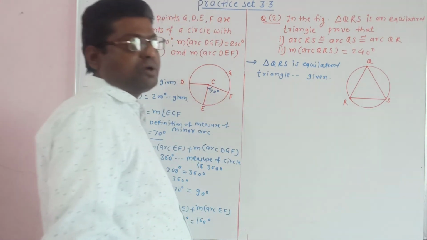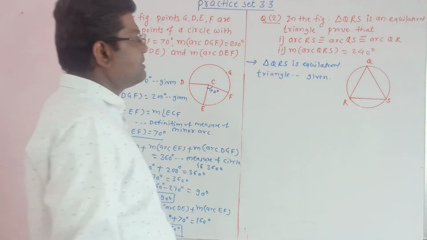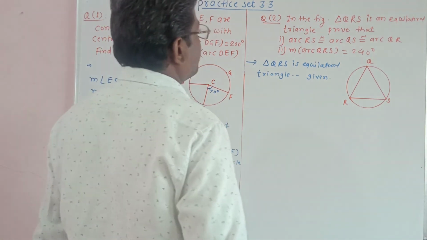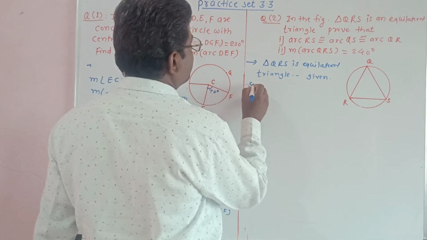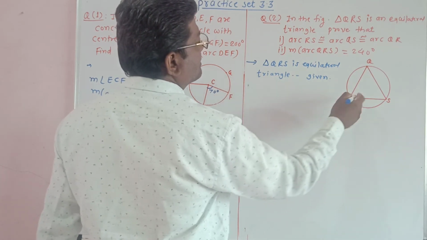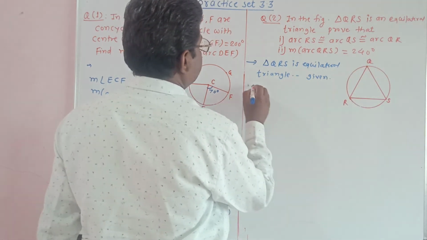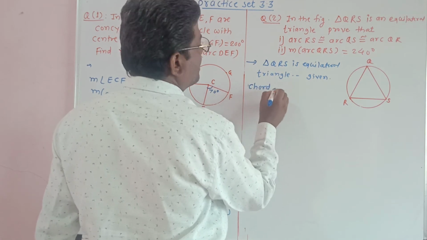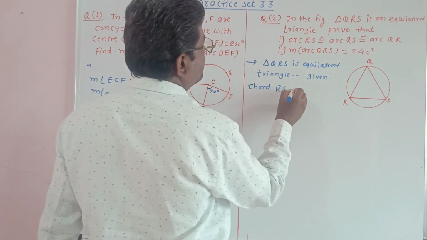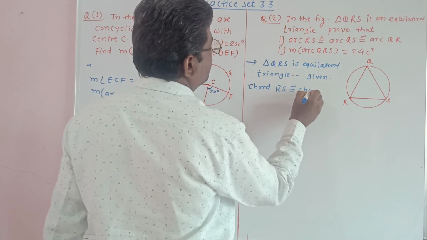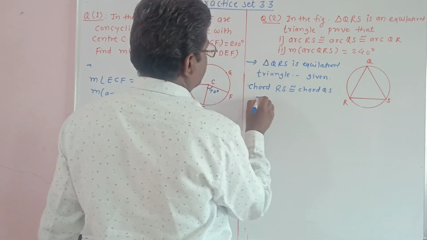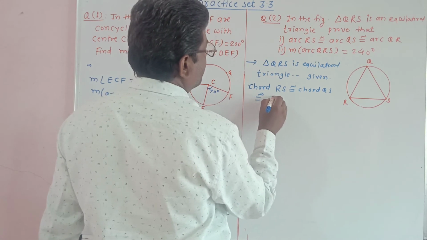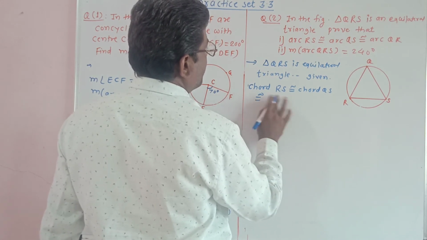We know that all sides of equilateral triangle are equal. Therefore, here we write, these are the chords. Chord RS congruent chord QS congruent chord QR.